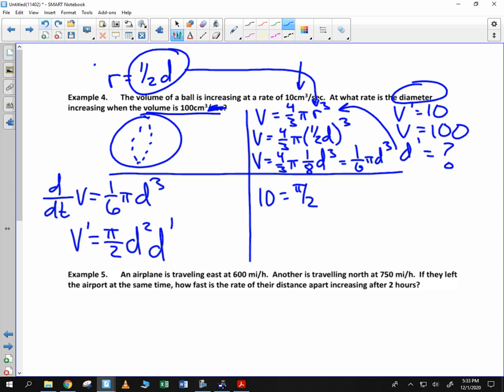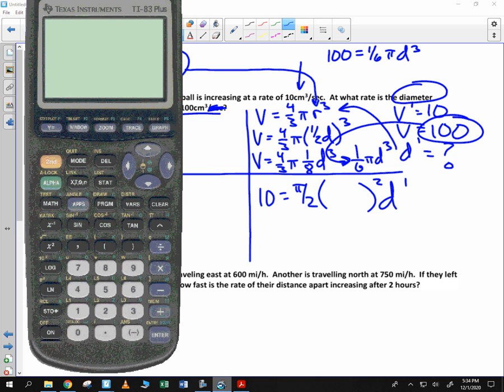And then it looks like we need to know d squared. I don't know the current diameter, but I do know the current volume. It's 100. And if I set that 100 equal to 1 over 6 pi d cubed, I can figure out what the current diameter is. So sometimes you also have to go back to the problem and solve for something.